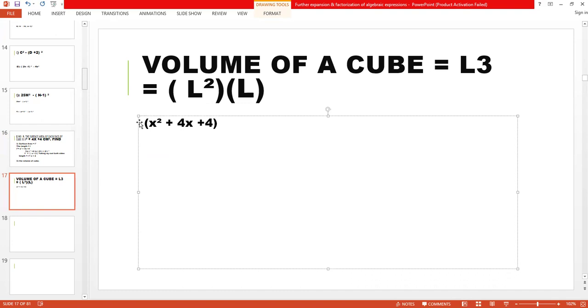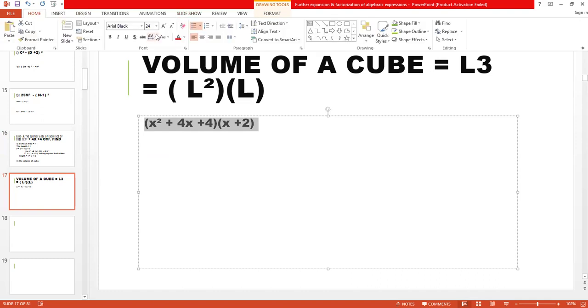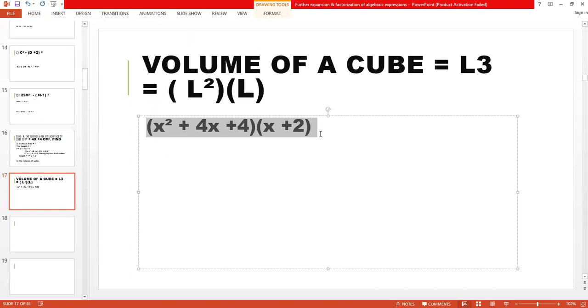And also we have L. And what is L? I have to write x plus 2. This one is L. Look here. L square is given, L is given. We have to find the volume.